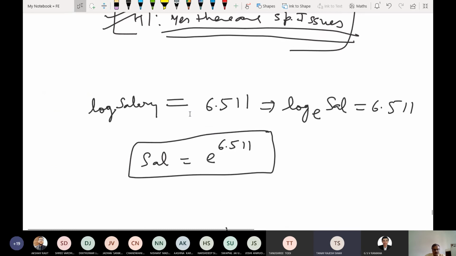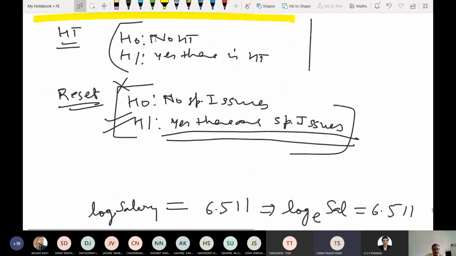When you are unable to reject, there is no heteroscedasticity; you can reject when the p-value is less than 0.05. Yes, sir. Whenever you have p-value less than 0.05, null is rejected, which means heteroscedasticity is accepted. Okay.